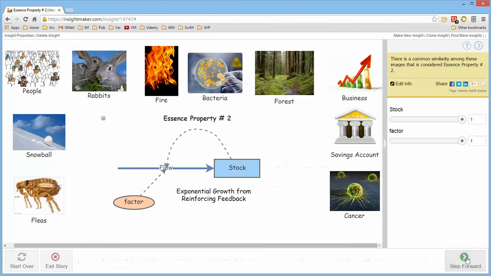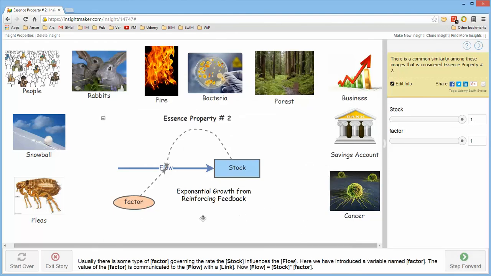Though what happens most often is that there's some sort of a factor that has an influence on the flow itself, so that it's not just the value of the stock that governs the flow, it's the stock times some factor, and in this instance we've made flow equal to stock times the factor, which varies from 0 to 1.